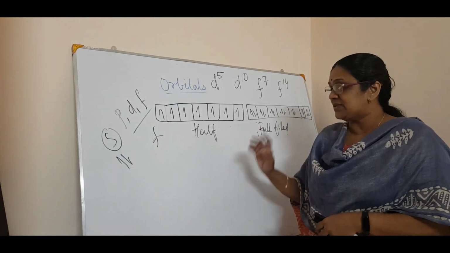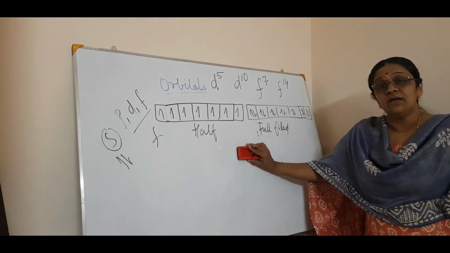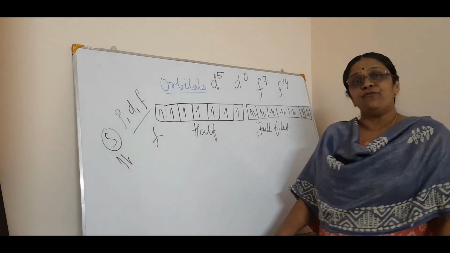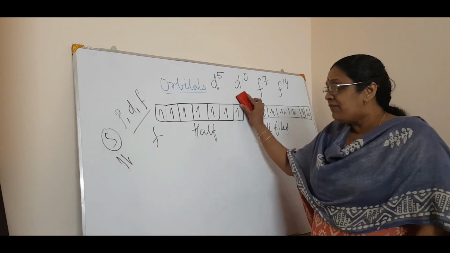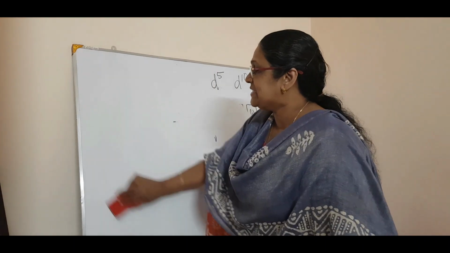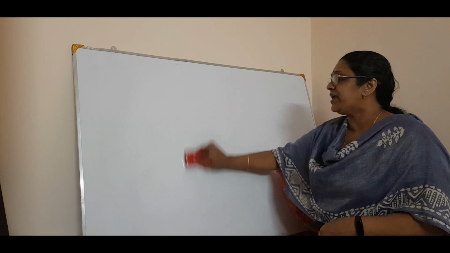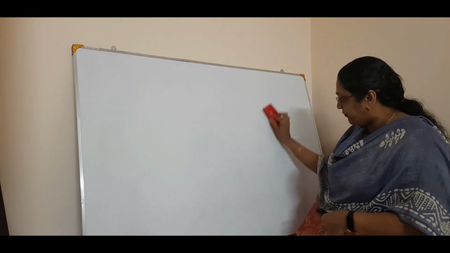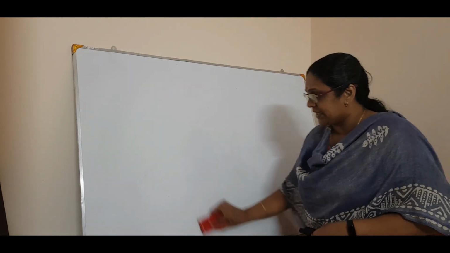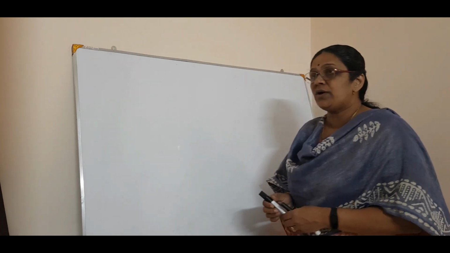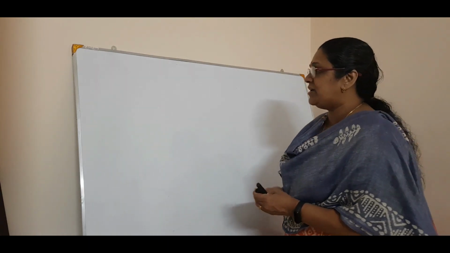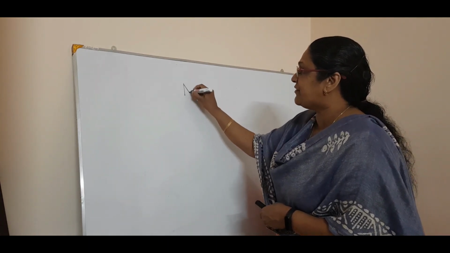So this is all about half-filled stability and full-filled stability. I will give you an example, and this example is very, very important. For p orbital half-filled stability, we will see nitrogen.